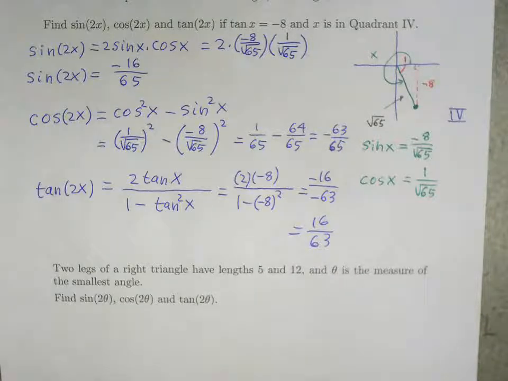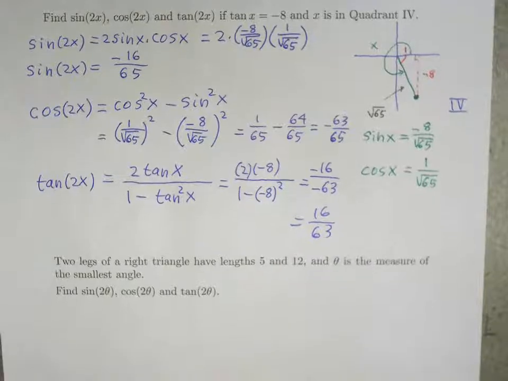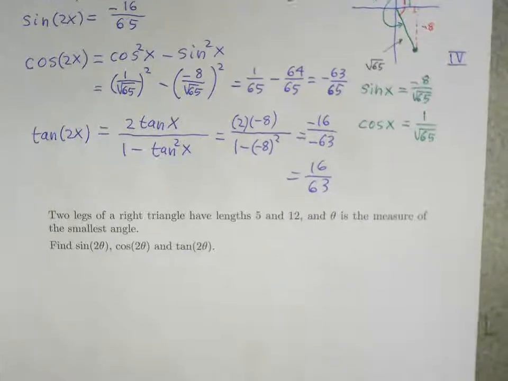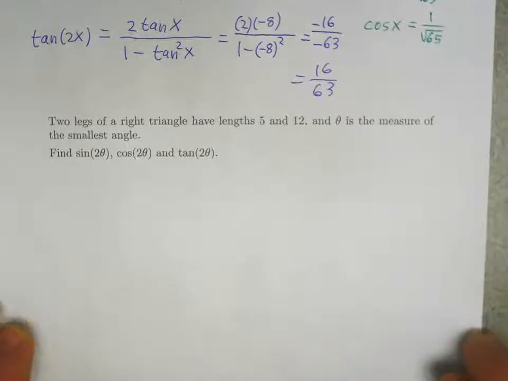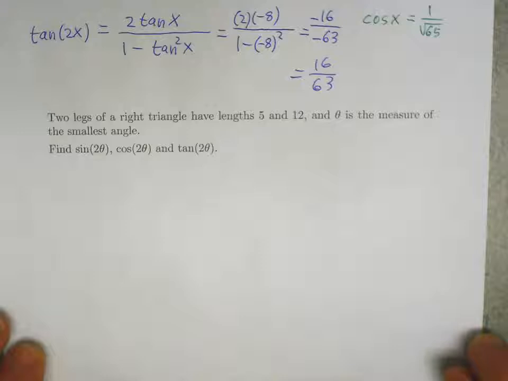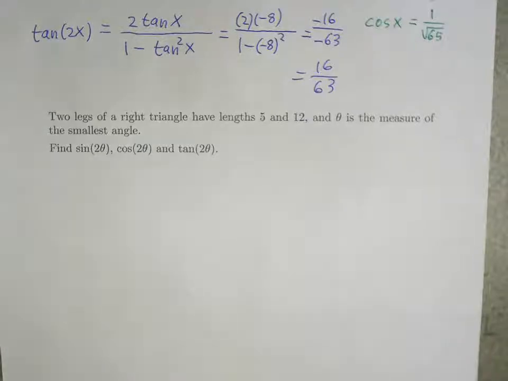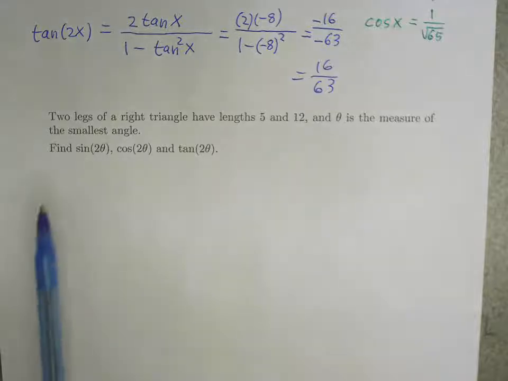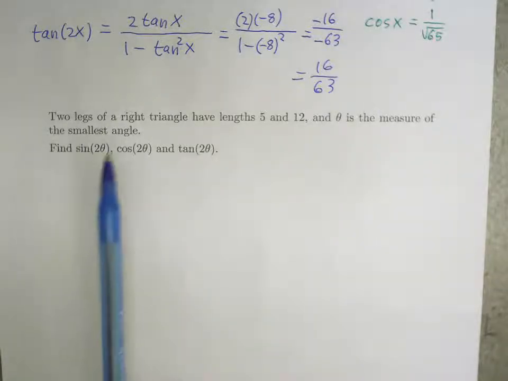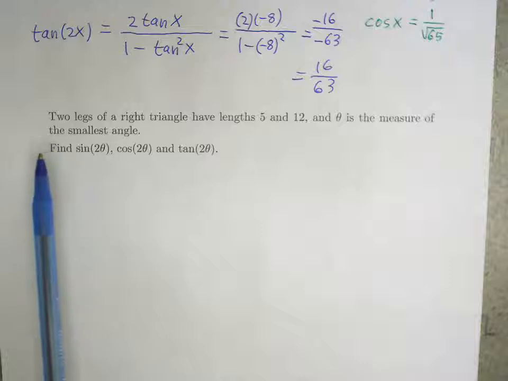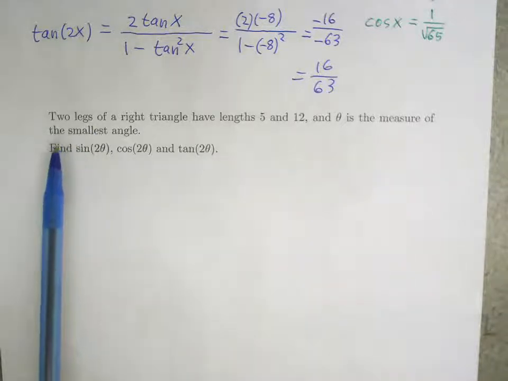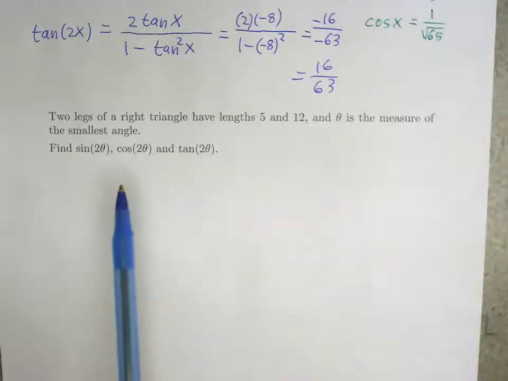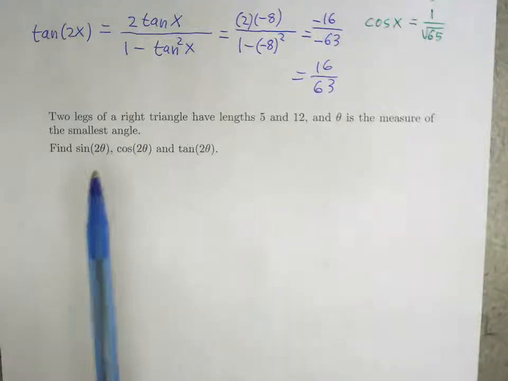Okay, we'll do a similar sort of exercise below. So on this one, we're given that 2 legs of a right triangle have lengths 5 and 12. So a possible subtlety here is that the 2 legs refer to the 2 sides of the right triangle that are not the hypotenuse.